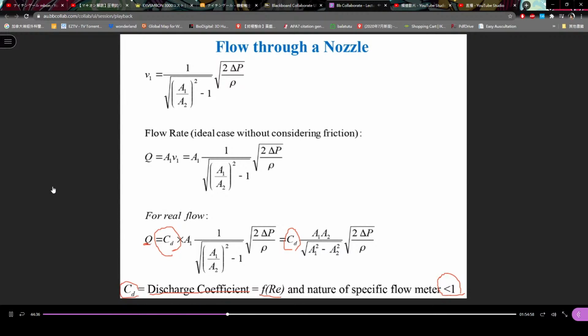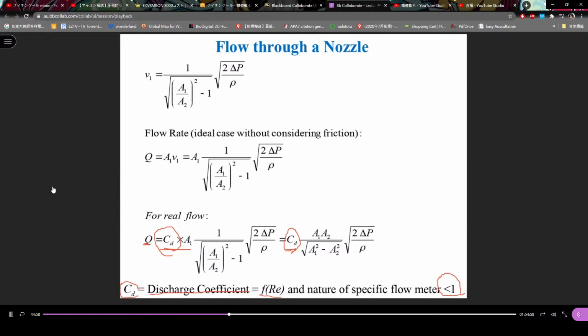So this is always less than 1. So check out the flow measurement instrument. The manufacturer will provide a coefficient for you. If you buy a flow meter, they will give you the coefficient.